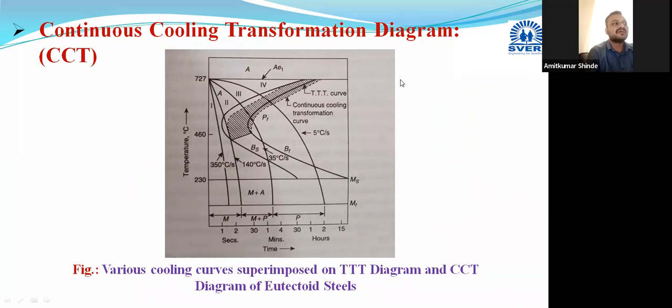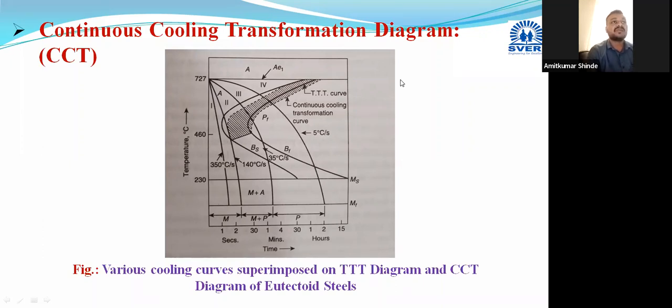Then we allow sufficient soaking or holding time to get a homogeneous and uniform austenite phase. We then take all the steel samples to another furnace where the temperature is in the range A1 to Ms. We decide one constant value, suppose 600 or 500, and all samples are maintained at that constant temperature. That is the TTT diagram; one by one we collect and cool them, take their microstructure, and plot temperature against time.